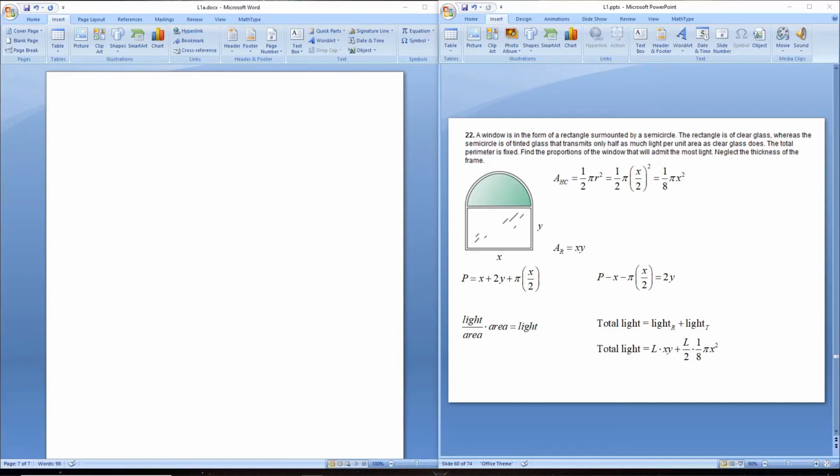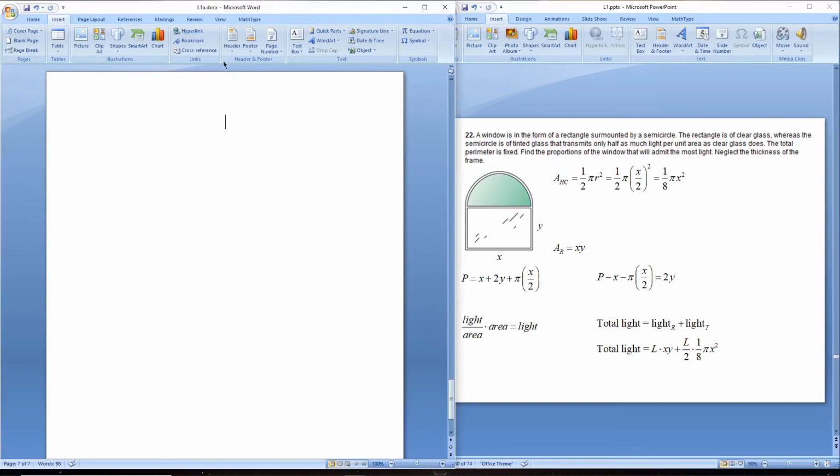So this problem does have a lot of work behind the scenes here. But let me take this y. We're solving for y. So here's just solving for y over here. And let's take our total light function, and I'm just going to write it over here. Instead of total light, I'm just going to call that t.